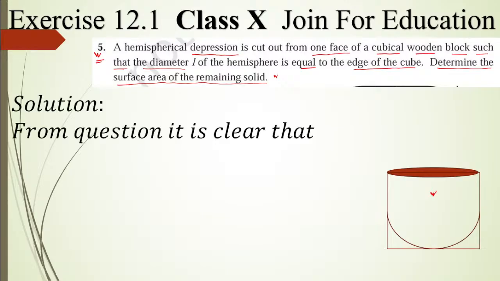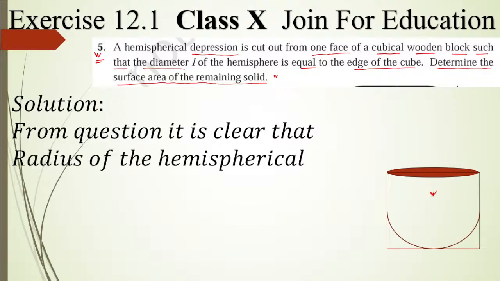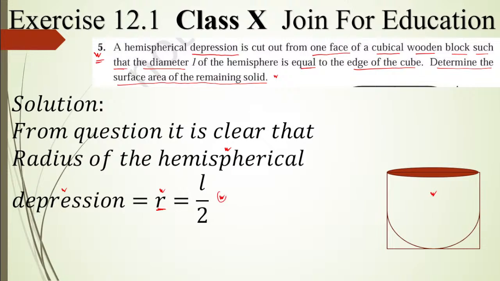So from the question it is clear that the radius of the hemispherical depression equal to r. Radius is generally denoted by r, and according to the question r is equal to L by 2. Edge of the cube equal to L.